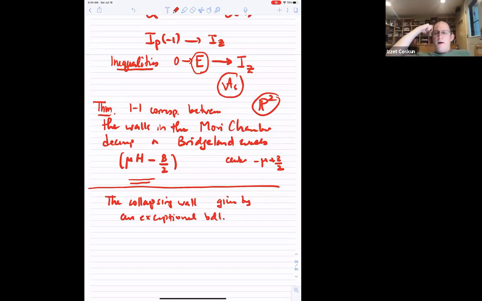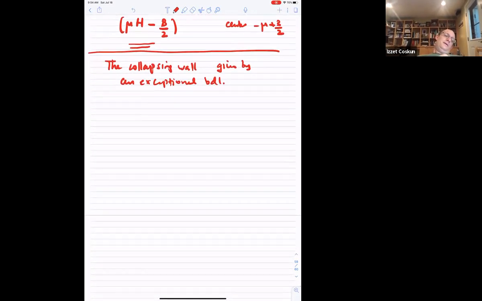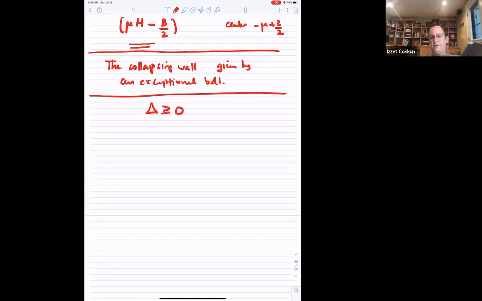I don't think so. You can't just set the discriminant equal to 0 because there might not be a bundle with discriminant equal to 0. So, if you have a stable bundle, then Bogomolov's inequality tells you that the discriminant has to be greater than or equal to 0.